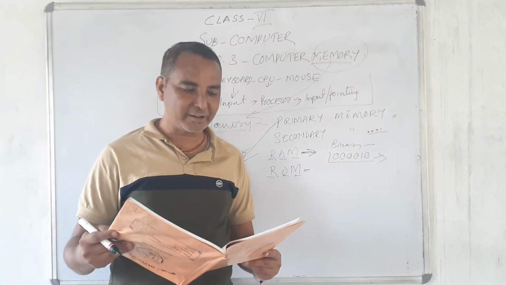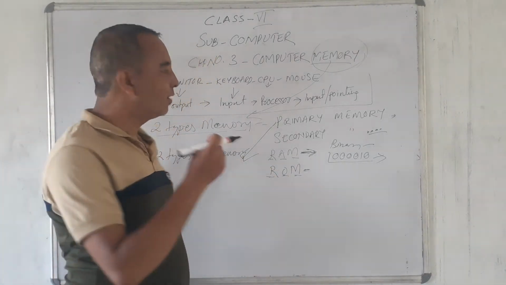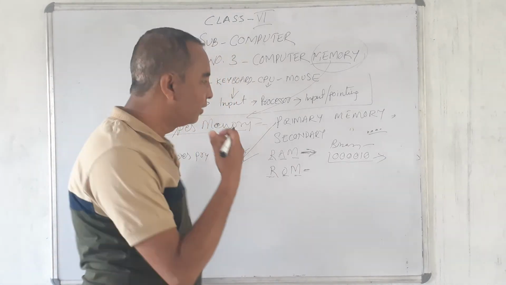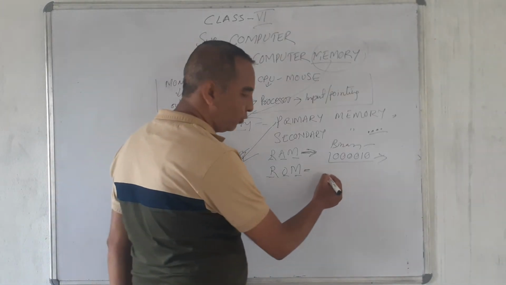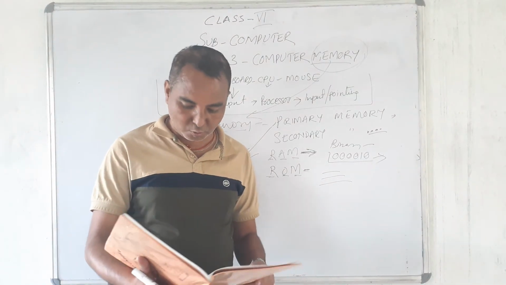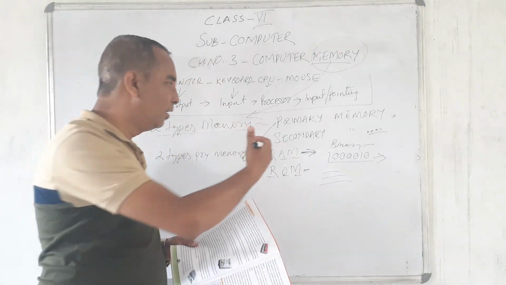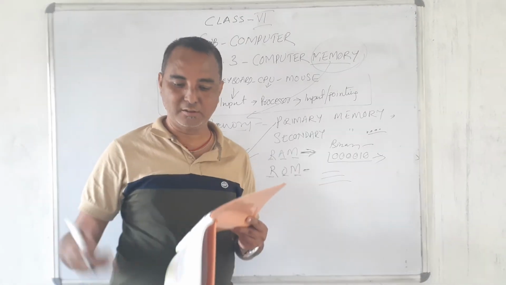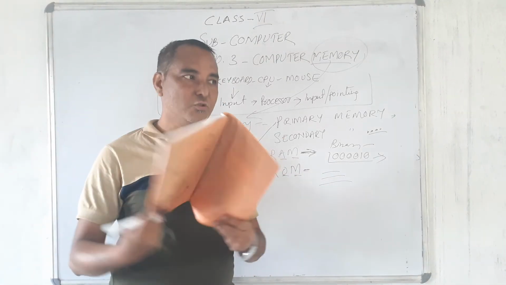Now let us understand secondary memory. What is secondary memory? It is memory we can collect from the computer, restore, and copy for external use, like pen drives, hard disks, compact disks, etc. Through these we can copy our documents, our project, whatever work we have done, to external secondary devices, and go to any other device and watch it. Understood?